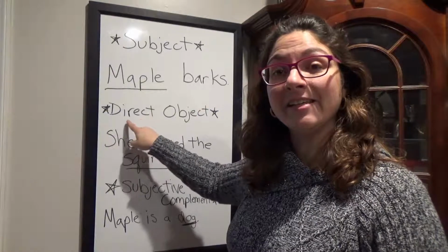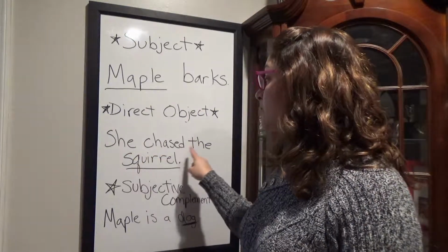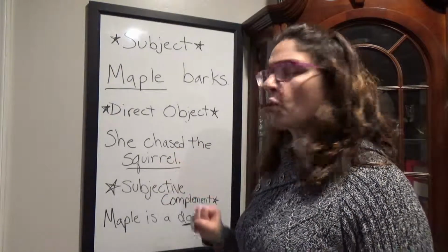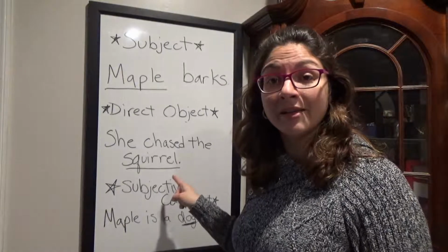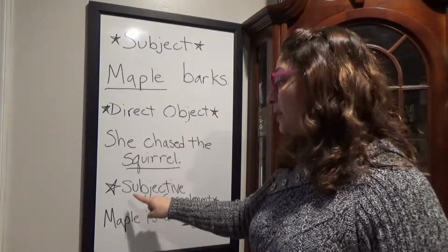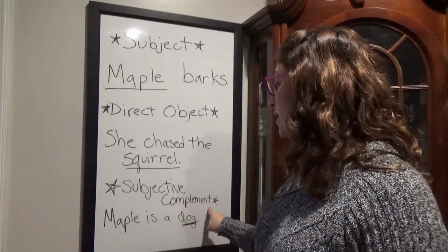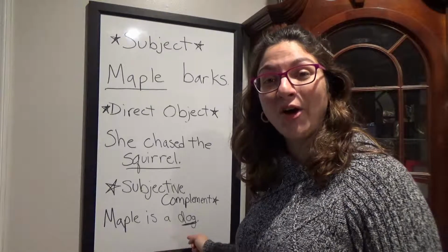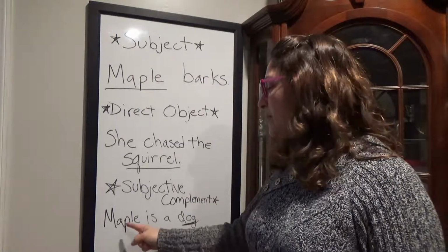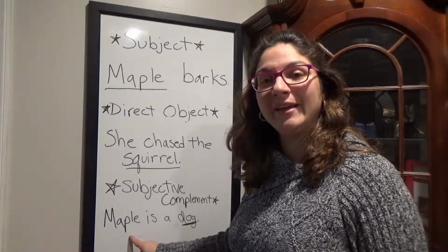In the second sentence, it shows an example of a direct object. She chased the squirrel. What did she chase? The squirrel. A squirrel is a noun. It also is a direct object. In our last sentence, you'll see its use as a subjective complement. Maple is a dog. Did you gather that from the first two sentences? Maple is a dog. Dog tells us what Maple is.